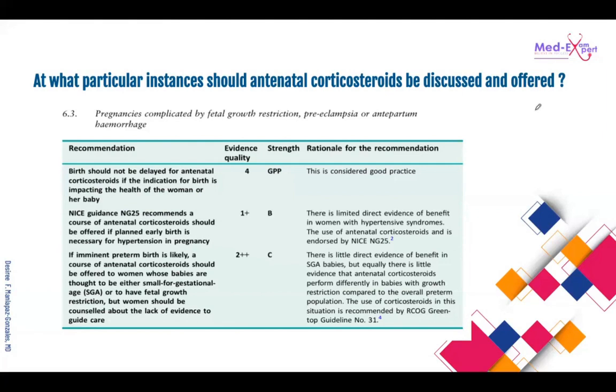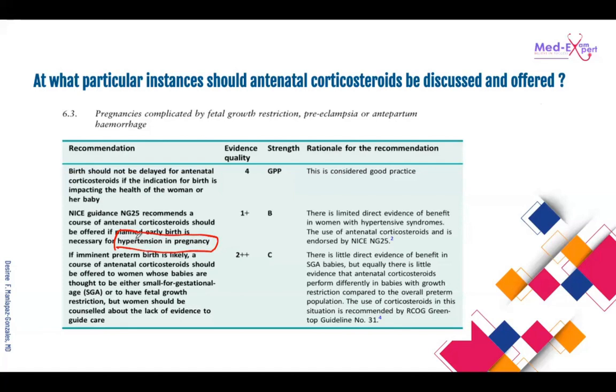Although a course of corticosteroid doesn't have an effect on maternal hypertension, of course, if you need to deliver this patient, you have to give a course of antenatal corticosteroid. And the same as patients with diabetes, you have to advise the patient that steroids, aside from causing neonatal hypoglycemia, also cause the baby to be small for gestational age.